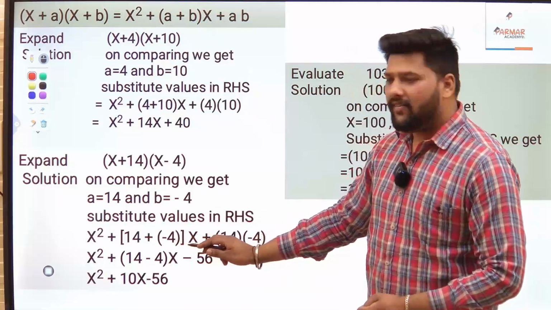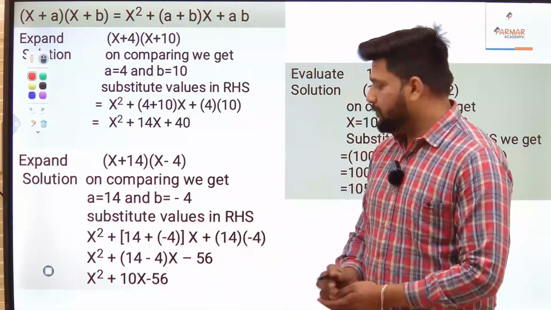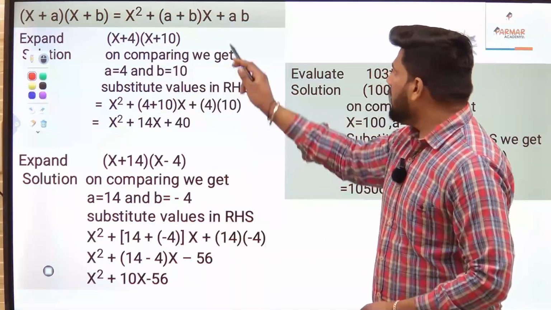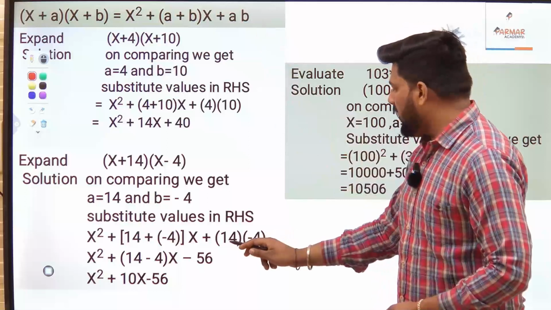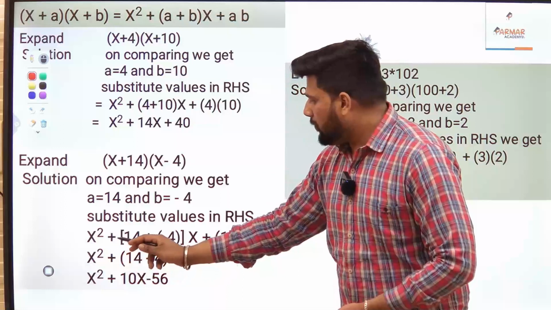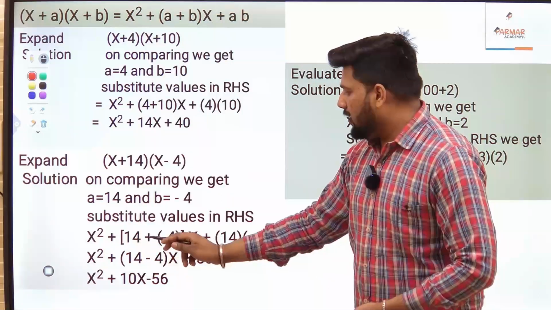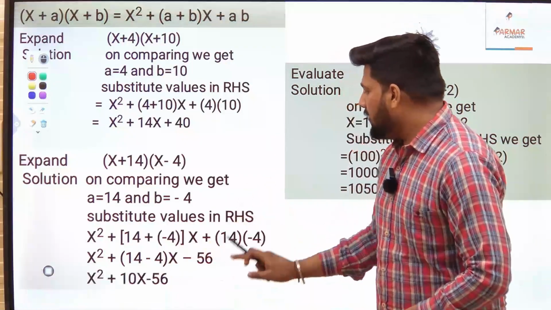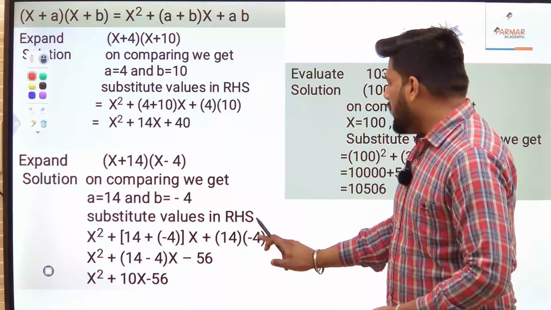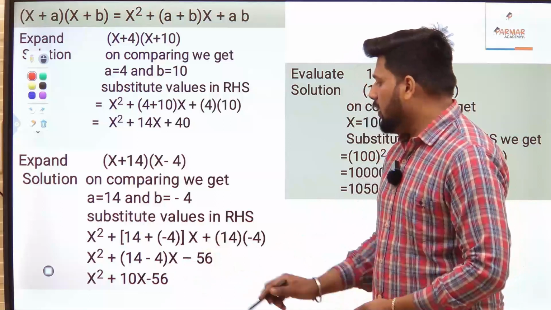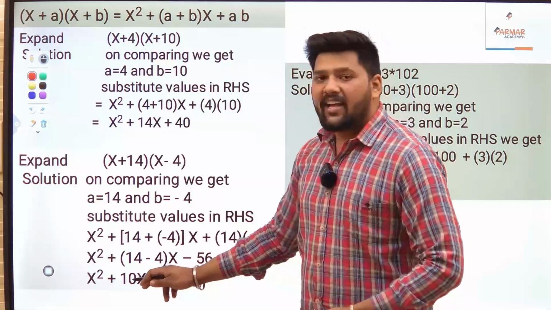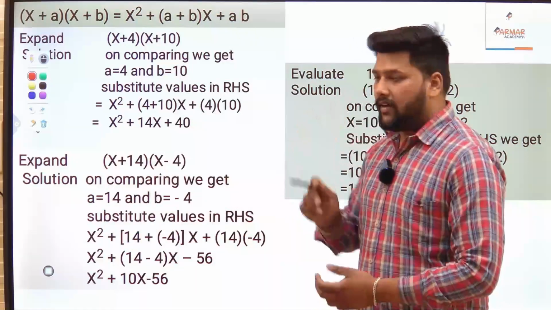Here b is negative, so I will use brackets here. 14 plus minus 4 into x plus a into b, means 14 into minus 4. So calculation is x square plus, minus, 14 minus 4 is 10. 10 into x, and last is 14 into minus 4, that is minus 56. So x square plus 10x minus 56 is the expanded form of these factors.